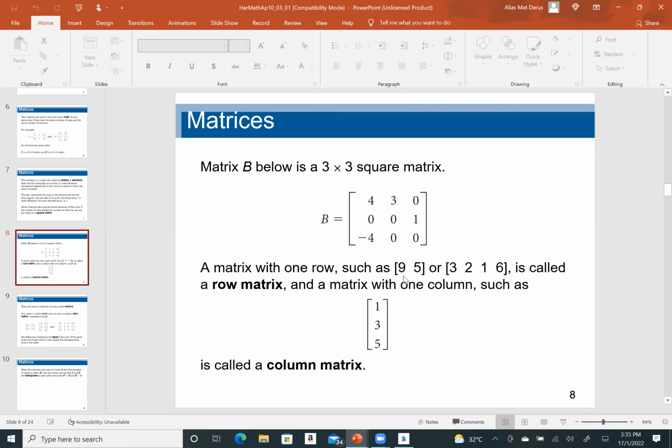Example here, 9 5, and the other one is 3 2 1 6. So you have only one row. You don't worry about the number of the columns. And if there is one column, we call it column matrix, regardless of the number of rows. Okay, so here you got 3 by 1. 3 rows, 1 column. So that is a column matrix.